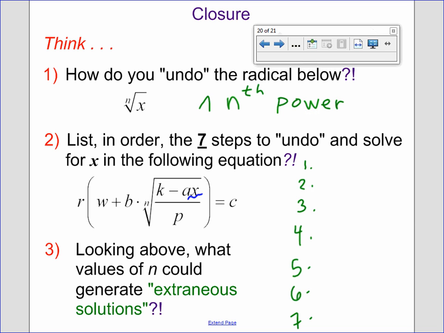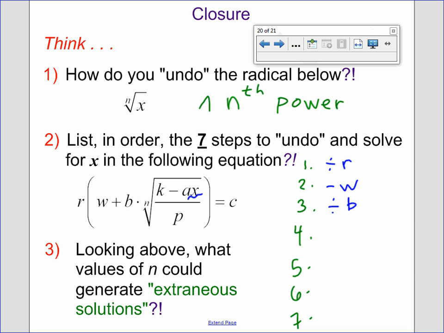The first thing we better do is get rid of that multiplication by r. So first step, divide by r. Next step, we subtract w to isolate the term with the radical. So minus w. Third step, undo the multiplication by b. That's division by b.